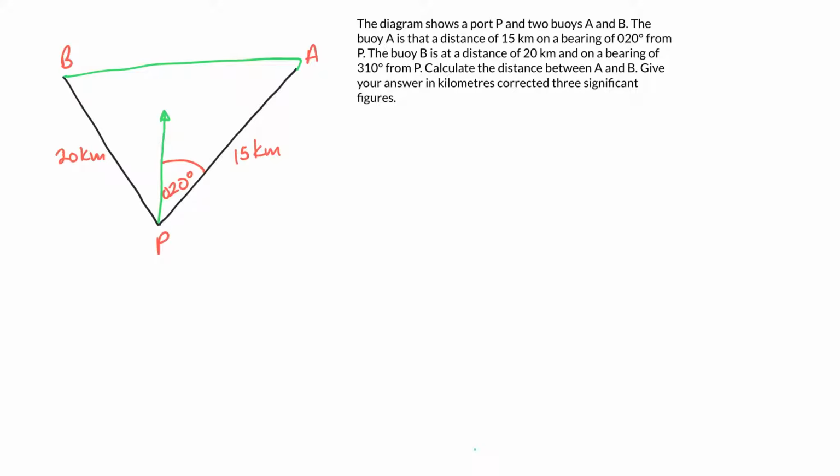So that's that angle. It also says here that the buoy B is a distance of 20 on a bearing of 310 degrees. So in other words, you start at the north line and this whole distance all the way around here is 310 degrees. Now, in order for me to find the length AB, I'm already looking at a non-right angle triangle with two sides known and possibly the angle between.